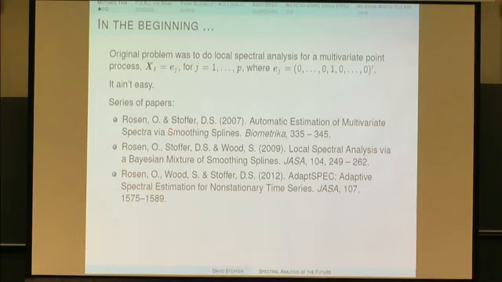The problem is if you just say, okay, I want to do local spectral analysis for a point process, as Ziggy Stardust says, it ain't easy. And so then you go, okay, let's take this in pieces. So first, how would you do estimation of a multivariate spectrum?